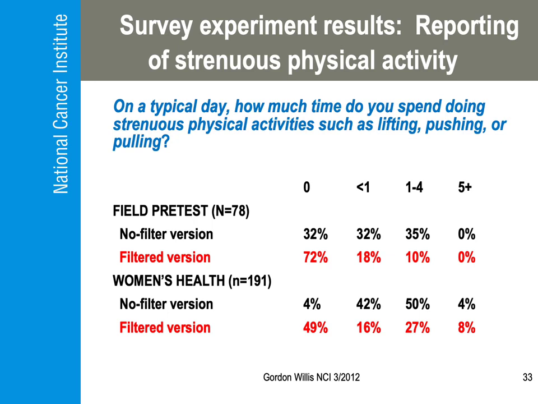For the first experiment, we conducted a split sample experiment within an interviewer-administered pretest. In the second, we included both versions in a very different environment, a study of women's health conducted at a clinic.